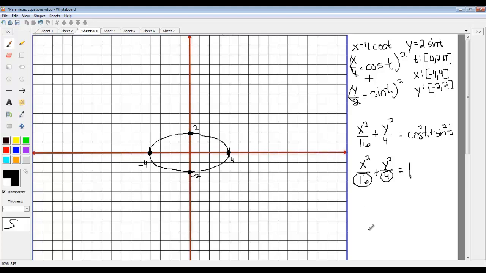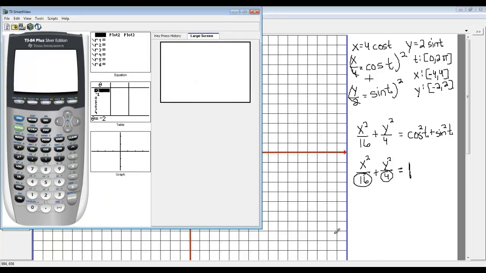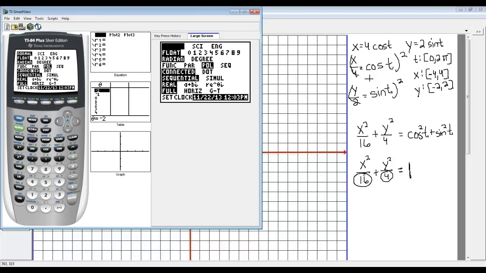Now another thing you can do is put it in the calculator. Just like the calculator will do rectangular and polar, it'll also do parametric. Go to your mode, and down here underneath radian and degree you have function, parametric, polar, sequential. Go down and select PAR for parametric.